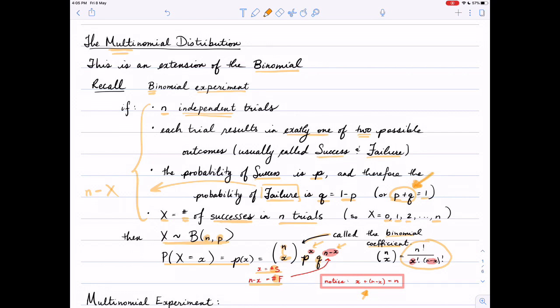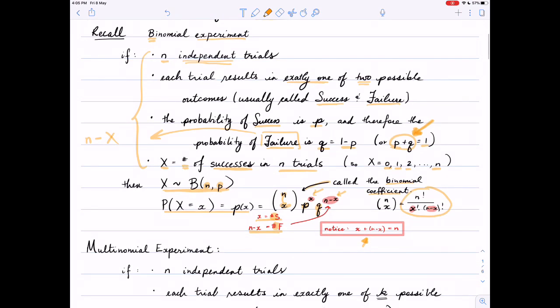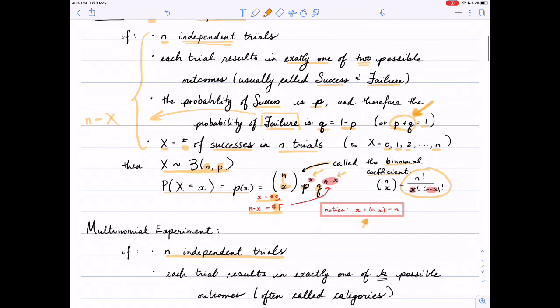So if we go then and look at the multinomial experiment, you also need n independent trials. But now each trial results in exactly one of k outcomes. In the binomial, k was 2, right? For a multinomial, we allow more possibilities, and those outcomes are often called the categories.